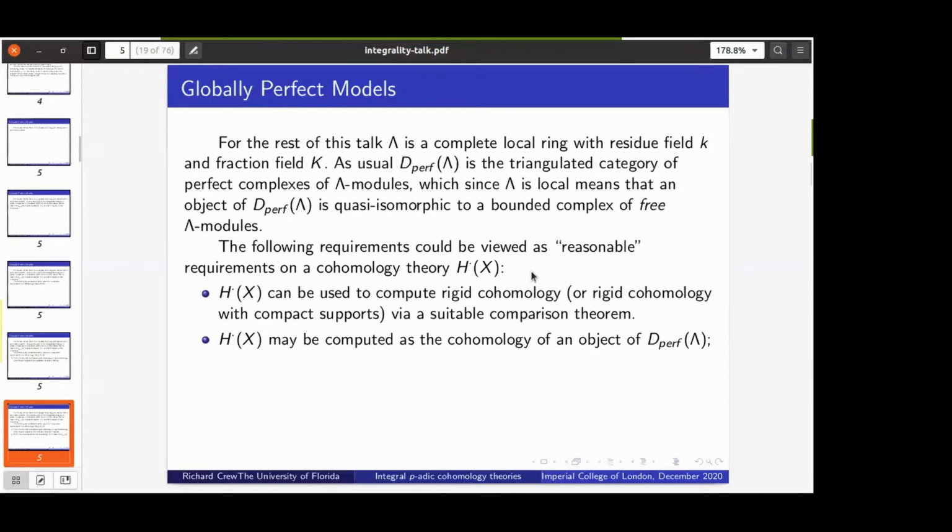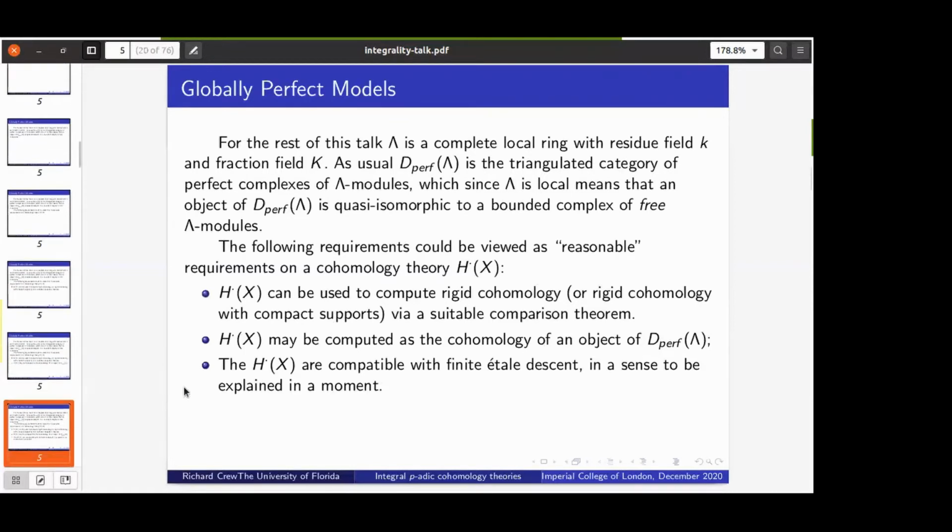You should also be able to compute these groups as the cohomology, in the usual sense, of an object of D-perf of lambda, of a bounded complex of projective lambda modules. And finally, these groups should be compatible with finite étale descent, in a sense to be explained in a moment.